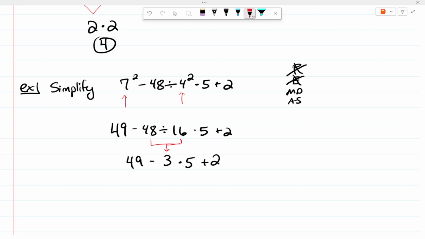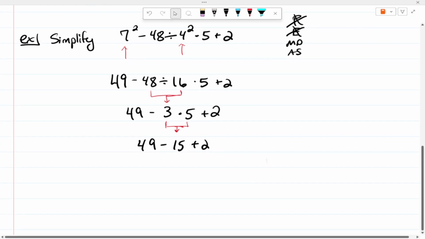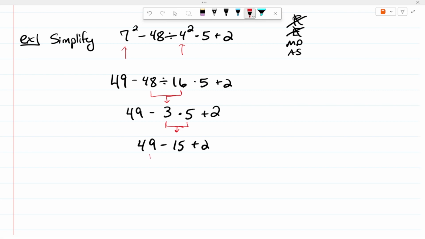Now I still see multiplication or division from left to right, so that's going to be right here. So this is going to be 49 minus 15 plus 2. And then finally going from left to right, 49 minus 15 is 34. And 34 plus 2 is 36. So this is how we use our order of operations.